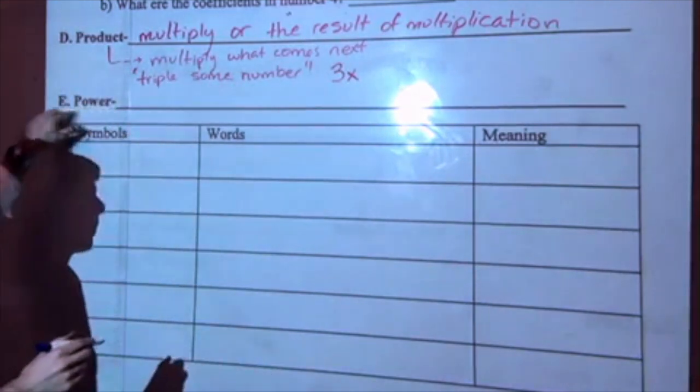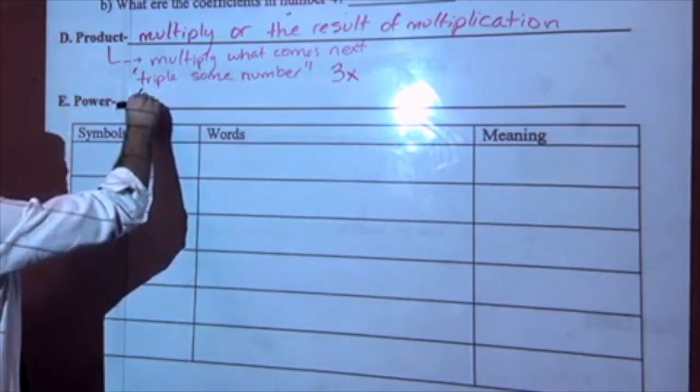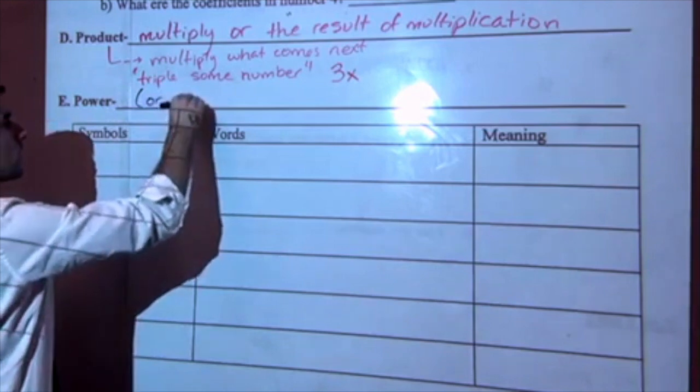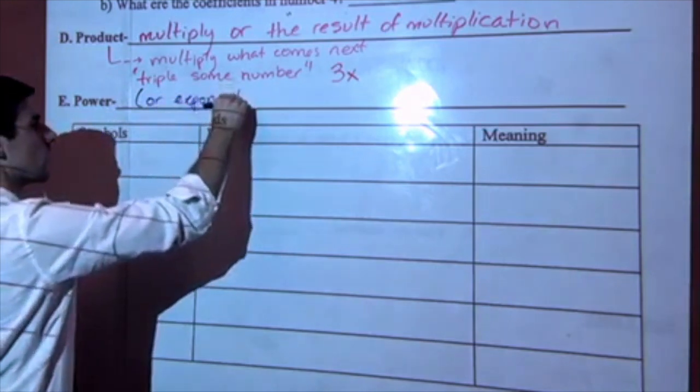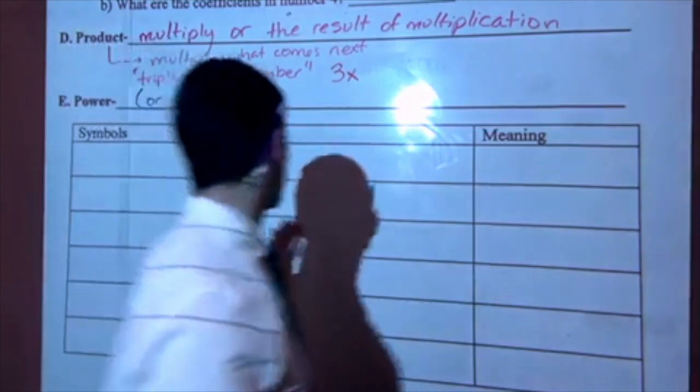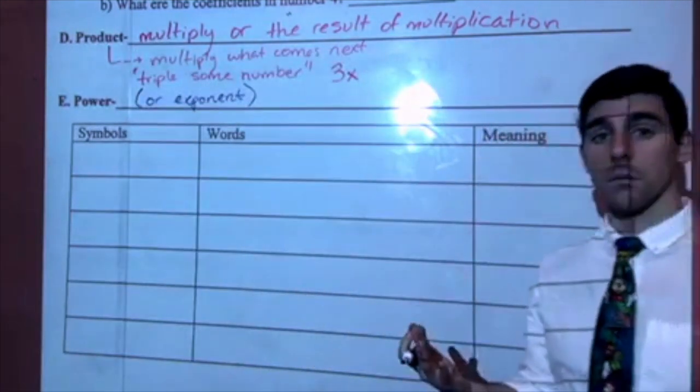On letter E here, you see the word power. The first thing I'm going to write is or exponent. We're not sure which word you're more familiar with, but they both mean the exact same thing.